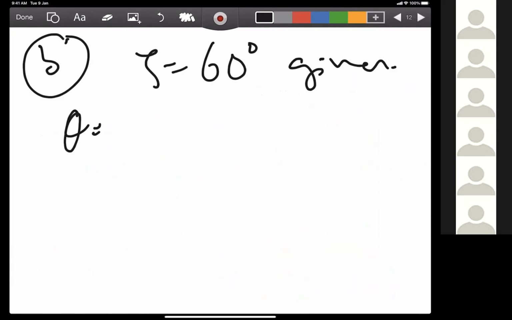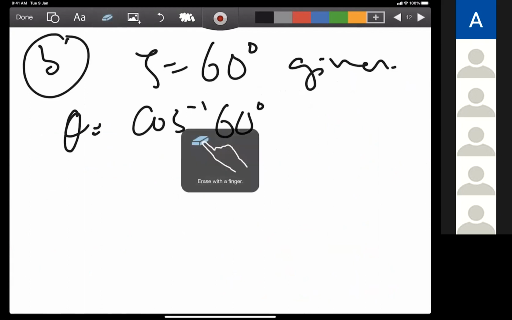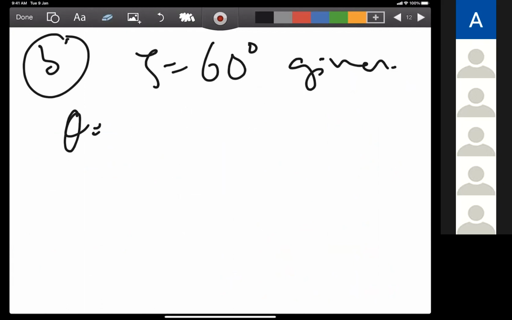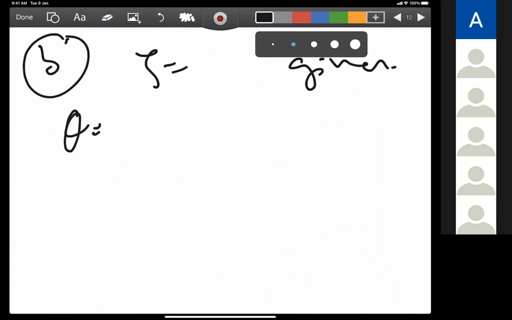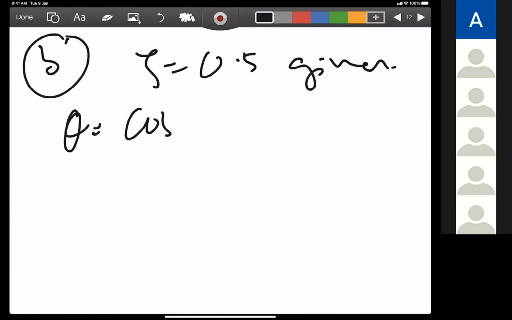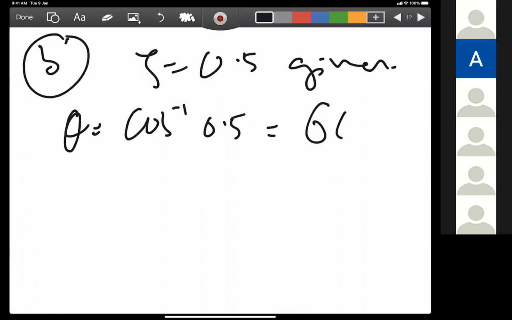Cosine inverse 60. The damping ratio is given as 0.5, so this one will be 0.5, or 60 degrees. So you are given, what do you call that?